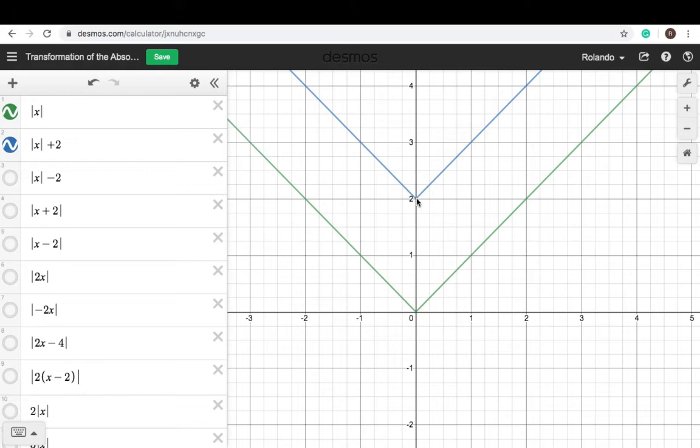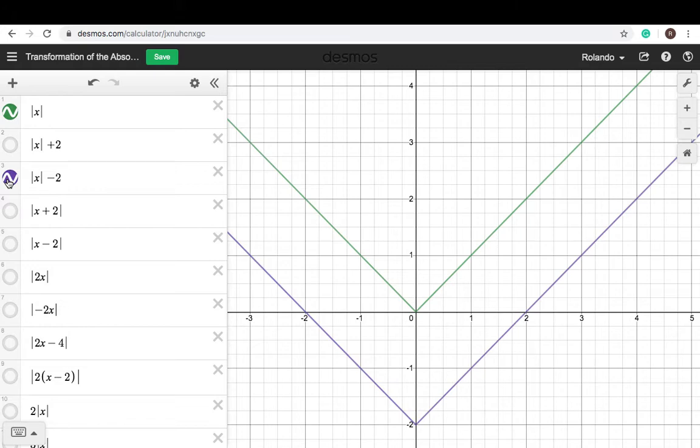So what we have here is a vertical translation up by 2 units. That's the effect of this plus 2. Now if you make it minus 2, the graph is translated downwards 2 units.